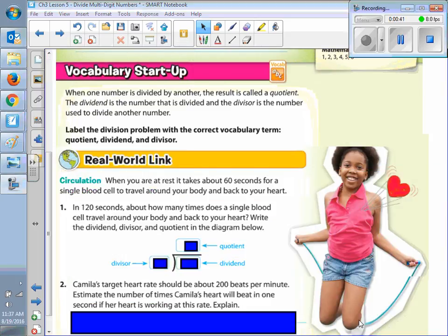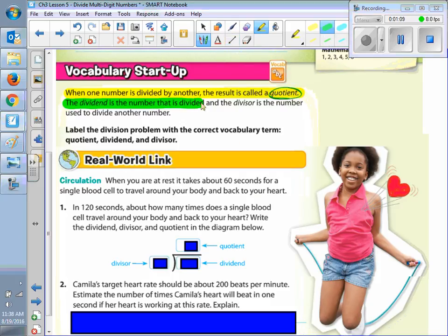All right, so this part I would like for you to write in your spiral. This is some new vocabulary. So we have when one number is divided by another, the result is called the quotient. The dividend is the number that's getting divided.